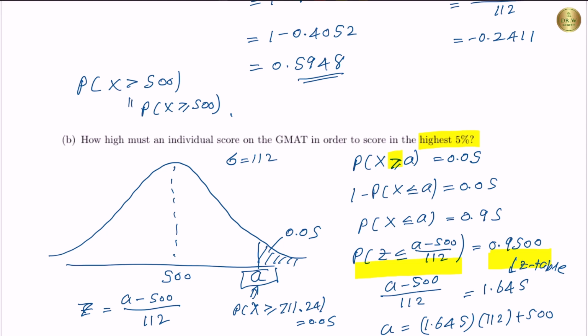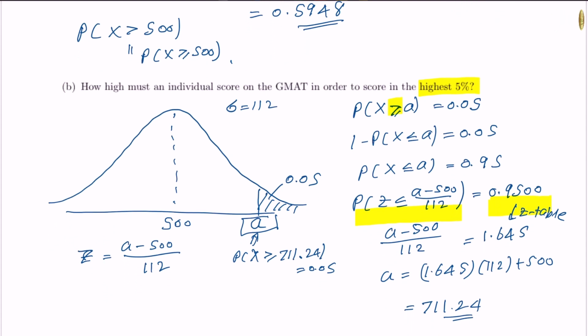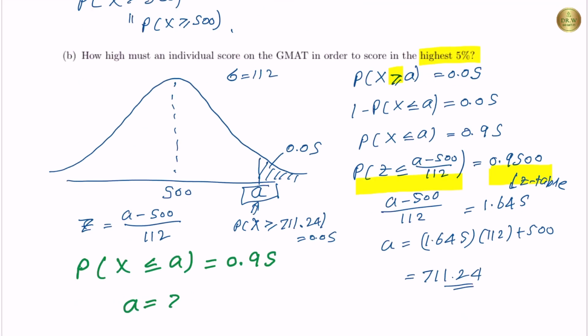There is a short way to do that, but you have to be careful when we use it. When you have something like this, probability X less than or equal A, suppose I take the same example here, 0.95, then we can write A equals the corresponding z value for that probability, multiplied by sigma, plus 500.